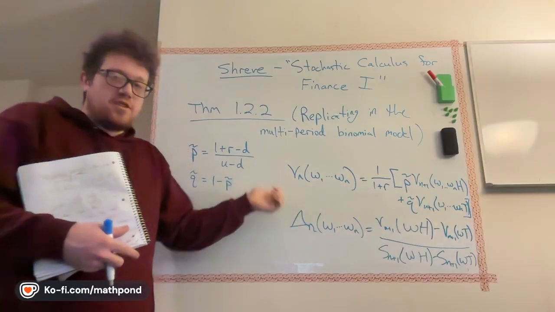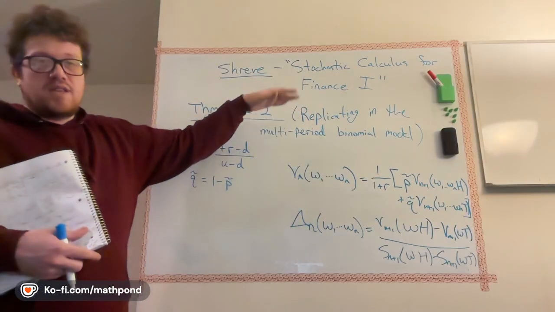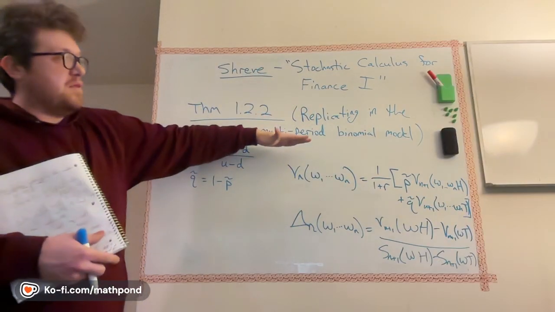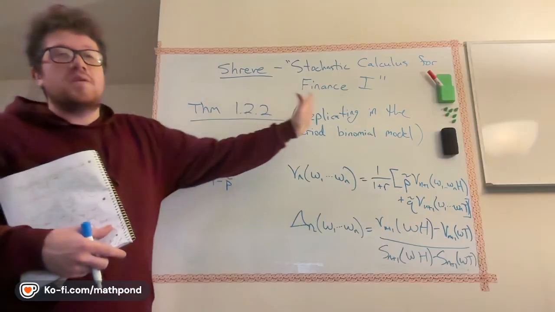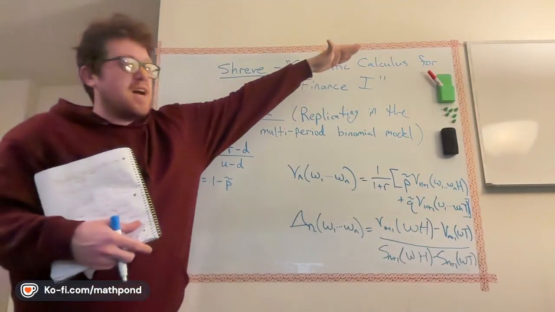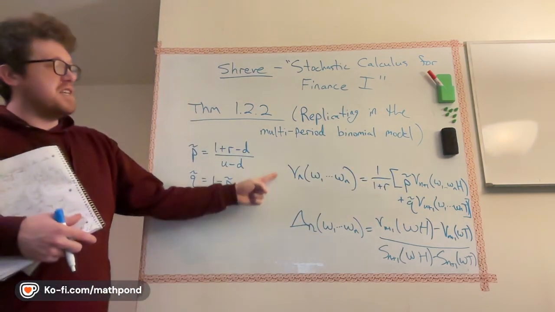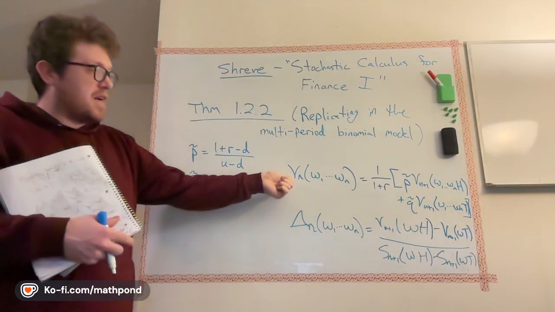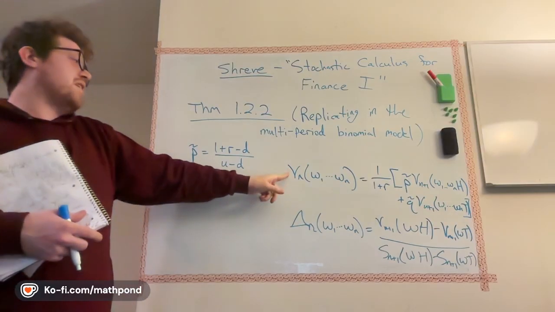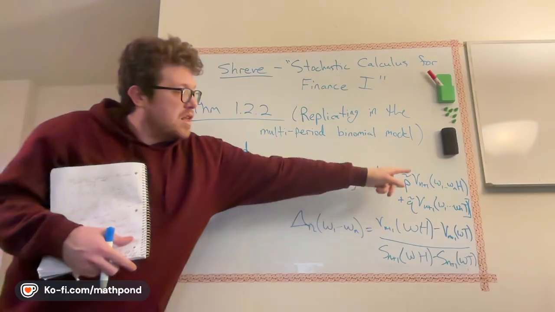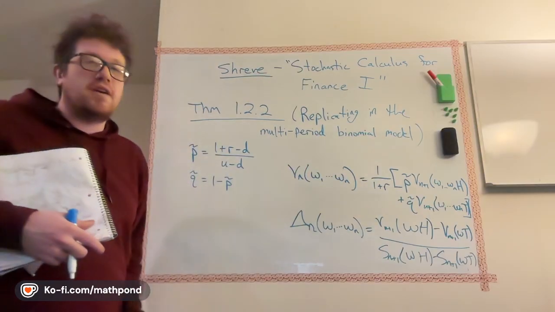So once we've had a certain number of ups and downs, this is a certain position on this multi-period binomial tree where at every point the stock can either go up or down by some percentage. And since it's multi-period, it could go up a bunch of times and then go down a bunch of times. So this model just says if I pick a point on the tree, I can always figure out what the value of the stock should be at that point, or the value of the option based on the prices of the option at the next period.